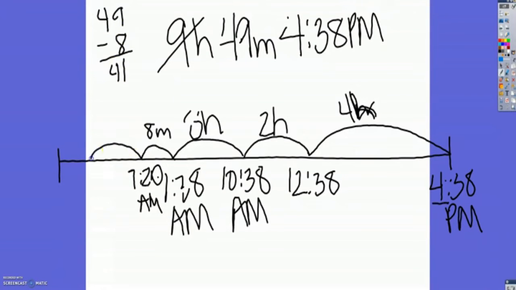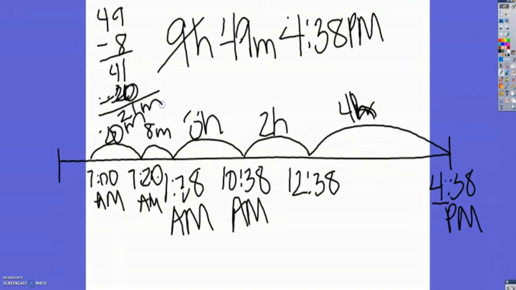So I'll go ahead and jump back 20. That'll put me at a nice, easy 7 o'clock a.m. So if I subtract 20 minutes, sorry, my numbers are not showing up well tonight, that leaves me with 21 minutes left to jump.